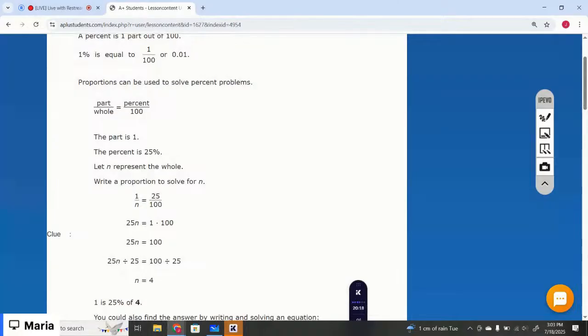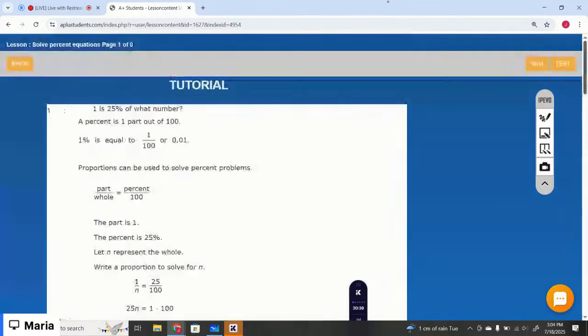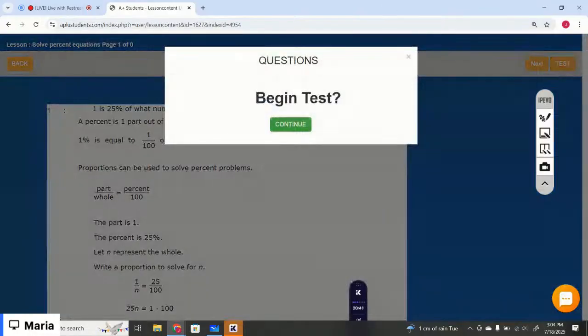So when you solve the equation, that equals n equals 4. So that means 1 is 25% of 4. Okay, let's just start with the test questions.